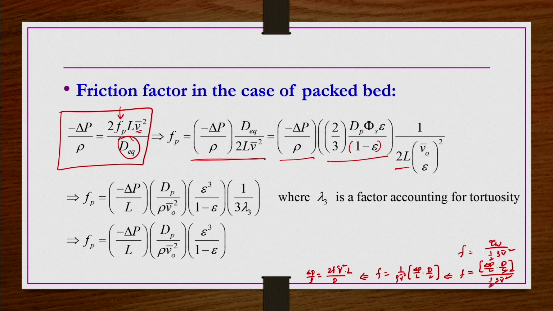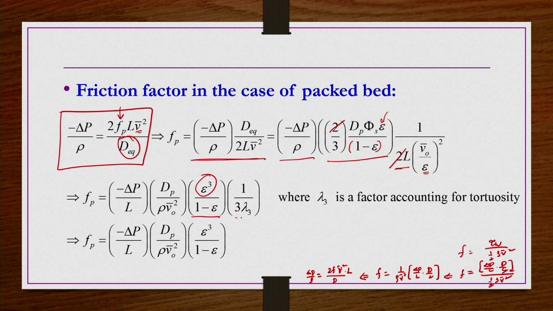Now these 2 and these 2 can be cancelled out. So, delta p by L we can write as one term, and dp by rho v naught bar square as one term. Here there is one epsilon, and here there is epsilon square, so we club together and get epsilon cube, and 1 minus epsilon is as it is.